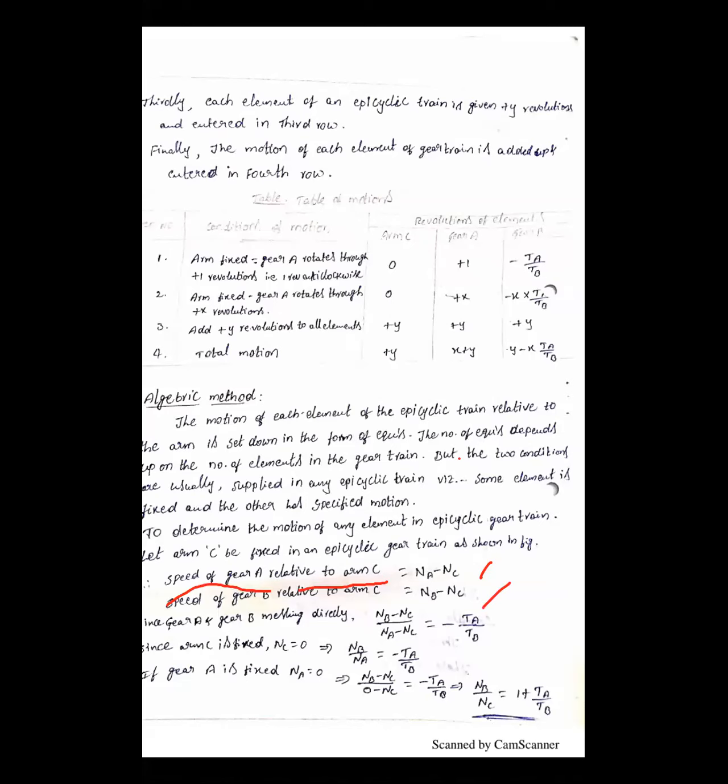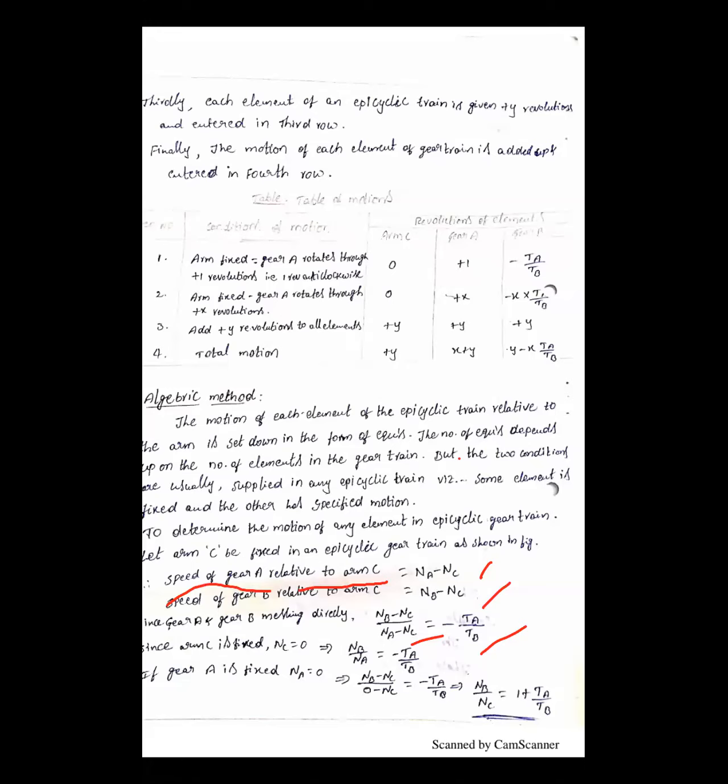NB minus NC by NA minus NC equals minus TA by TB. That is the speed ratio formula. NA and NB are replaced with NA minus NC and NB minus NC. That is the small difference.